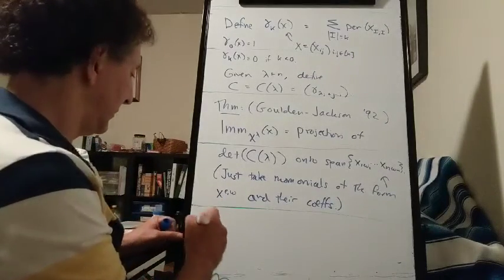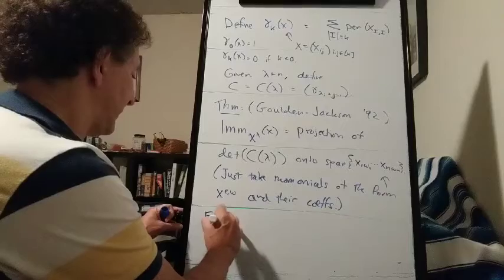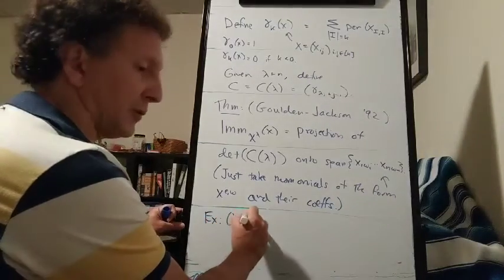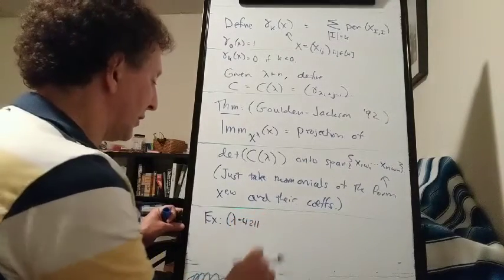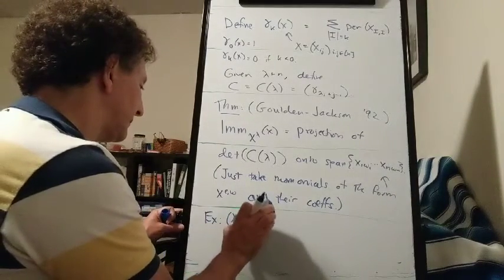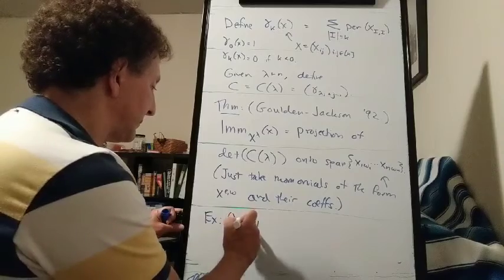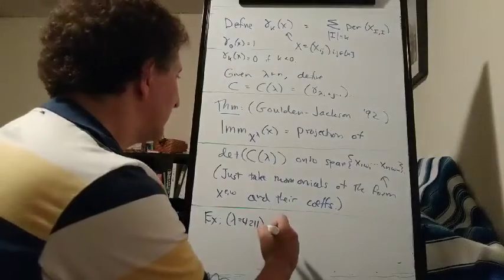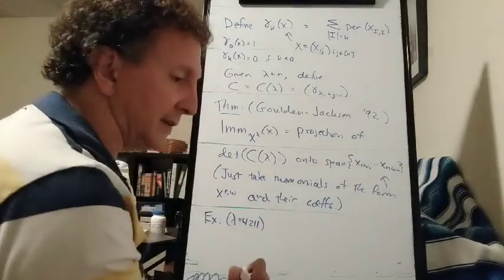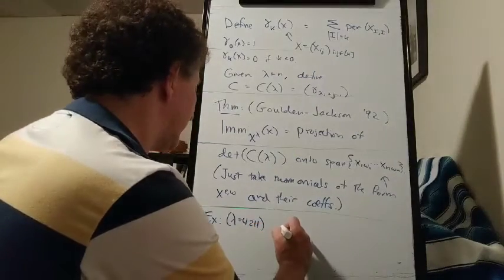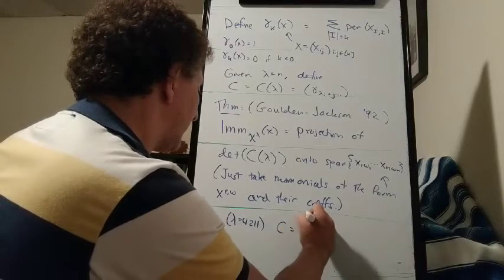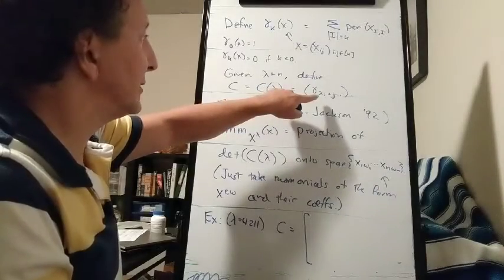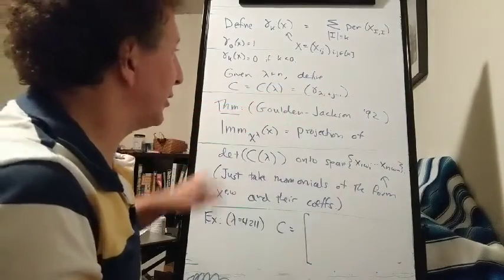So we'll just throw out all the other monomials. So, for example, if lambda equals 4211, then C is the matrix... now this formula for the ij entry is actually simpler than it looks.